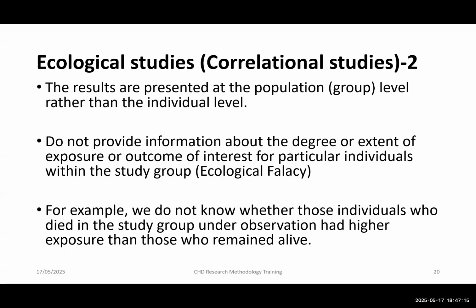Because both are high, the number of people that smoke in, let's say, Nigeria is high, and the prevalence of coronary heart disease is high in Nigeria, I cannot now say that everybody who smokes is going to end up having coronary heart disease. That's what we're trying to say. If you do that, you would have committed an ecological fallacy.